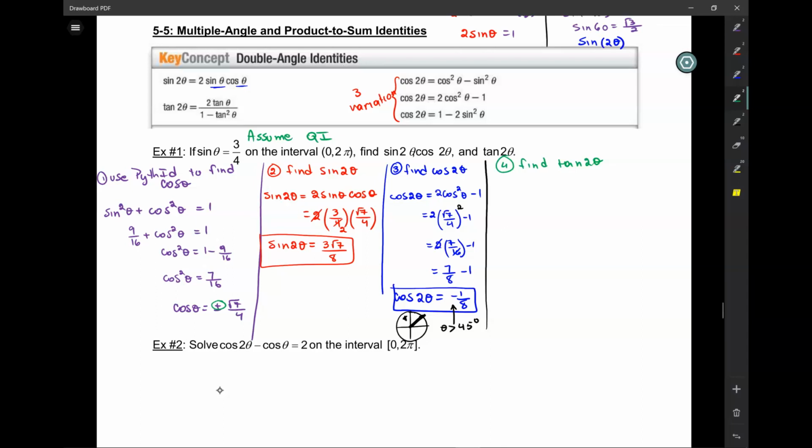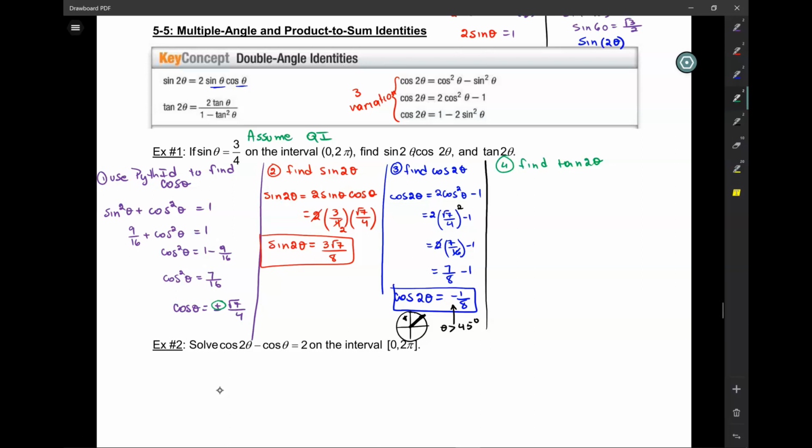Tangent 2 theta calls for tangent theta, so you do 2 tangent theta over 1 minus blah, blah, blah. Do we have tangent theta yet? No. I have sine and cosine and I could find tangent, but I don't have tangent theta yet. So I would have to find tangent theta, then put it in this formula. That's kind of an ugly looking thing.